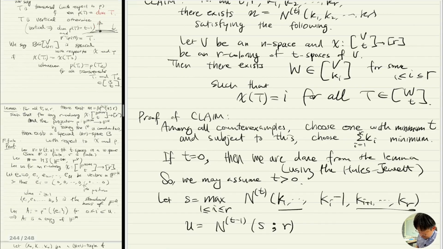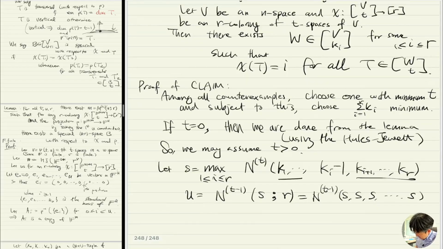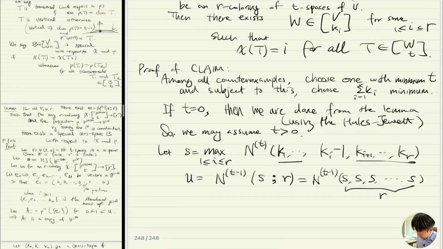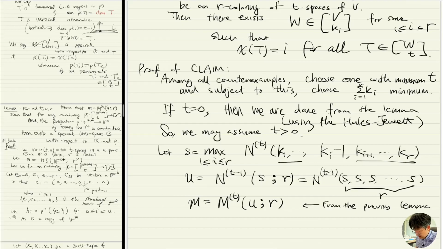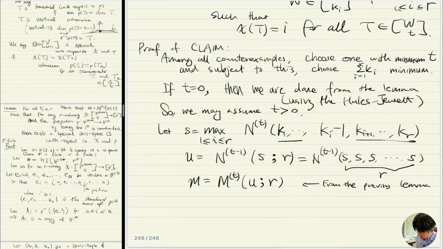Let me write it this way: n(T-1, S, ..., S), and you have R of them, and M is m_T(U; R). This is from the previous lemma about the existence of special subspaces, and then we define N as U plus M. Okay, that's the construction.